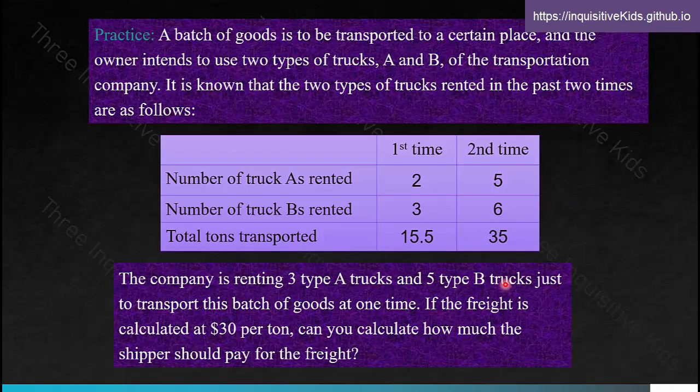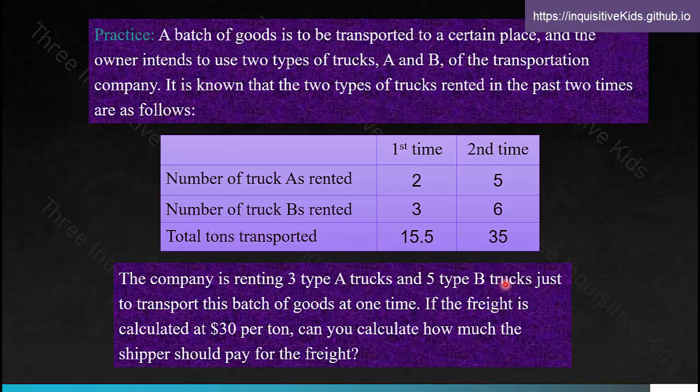Practice. A batch of goods is to be transported to a certain place, and the owner intends to use 2 types of trucks, A and B, of the transportation company. It is known that the 2 types of trucks rented in the past 2 times are as follows. And you have a table listed out for you already, so you don't have to make it yourself. The company is renting 3 type A trucks and 5 type B trucks just to transport this batch of goods at one time.